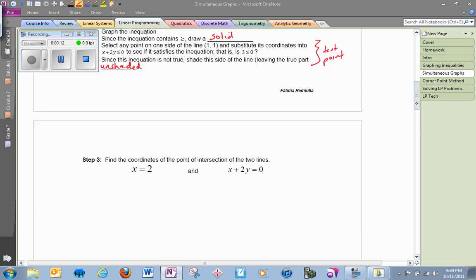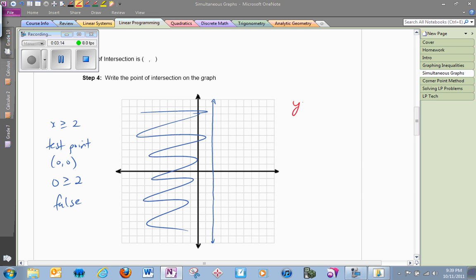So let's go over here to my graph where y is less than or equal to negative a half x. So I'm going to again start at 0, 0, which automatically means that is no longer a test point for me. And I'm going to graph again a solid line. And I'm going to pick my test point. A good test point here is 1, 1.